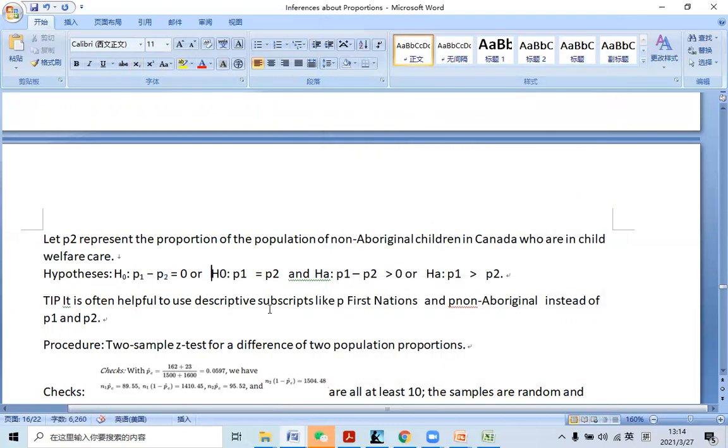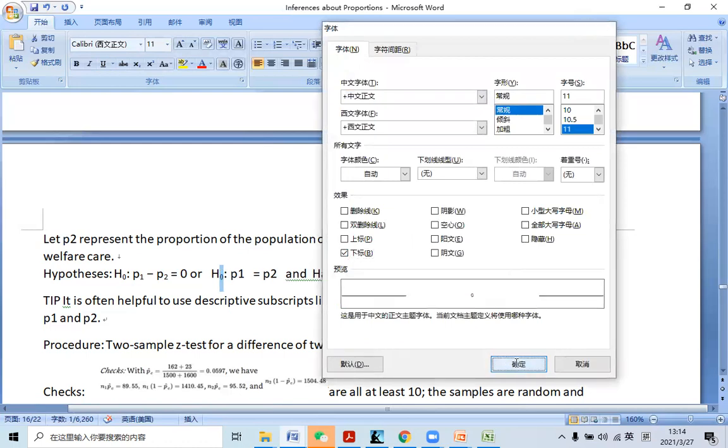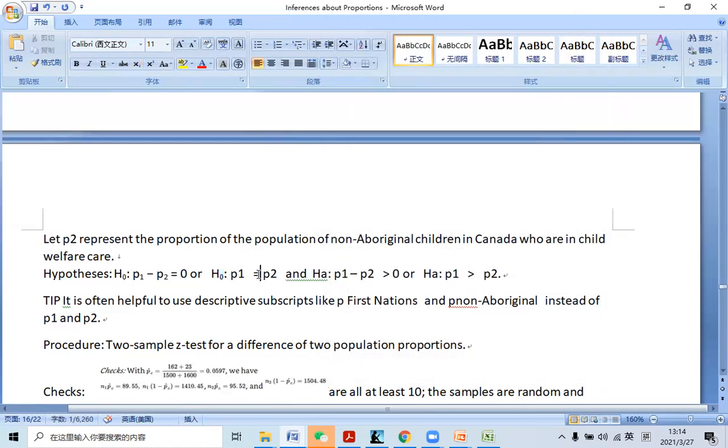Think about this. Are you trying to support the null hypothesis or reject the null hypothesis? In your research, you are trying to show evidence to reject the null hypothesis. You want to show the null hypothesis is not good, should be rejected.